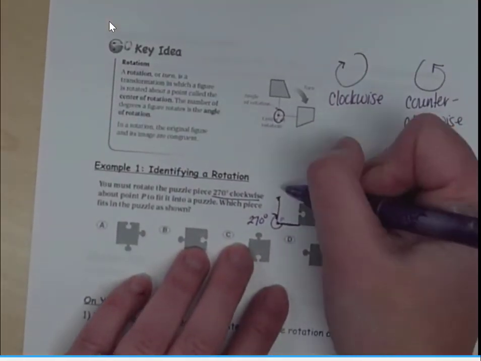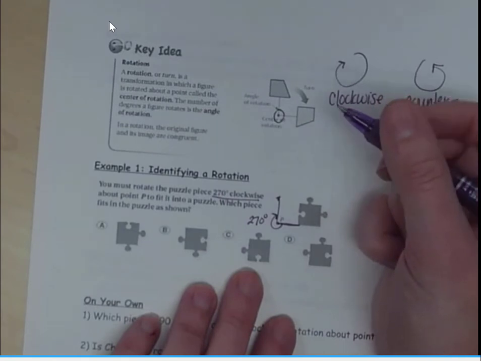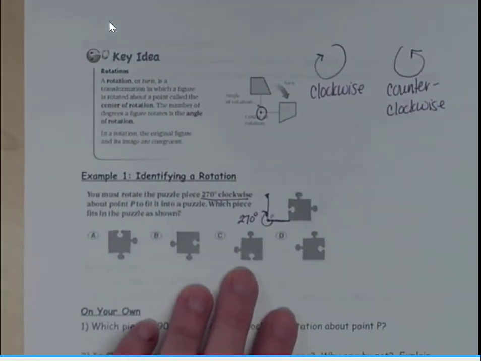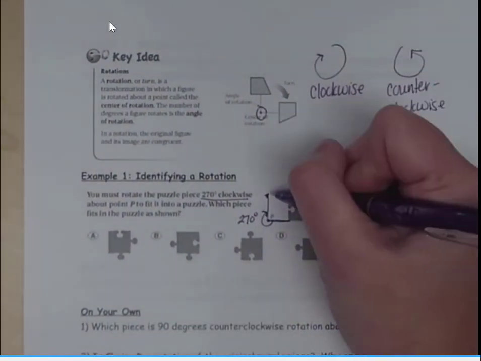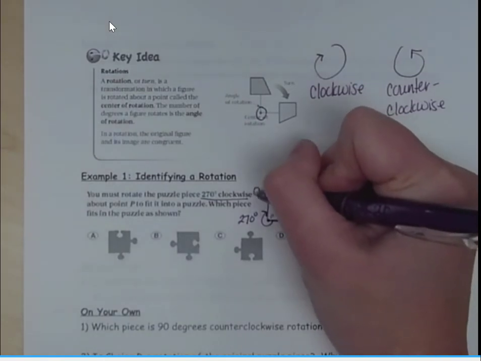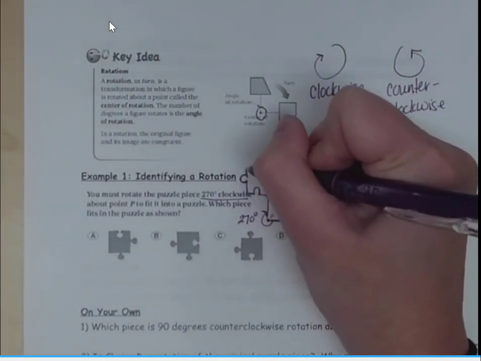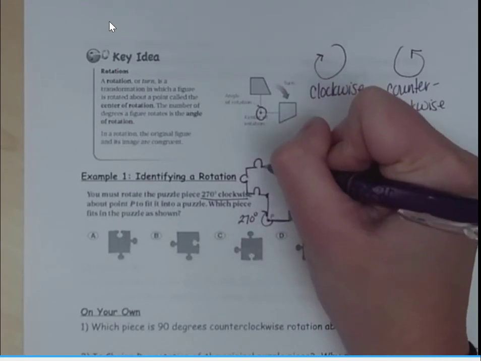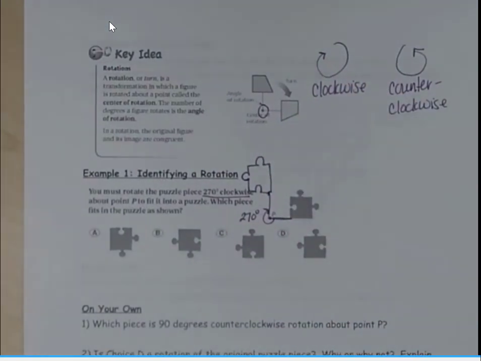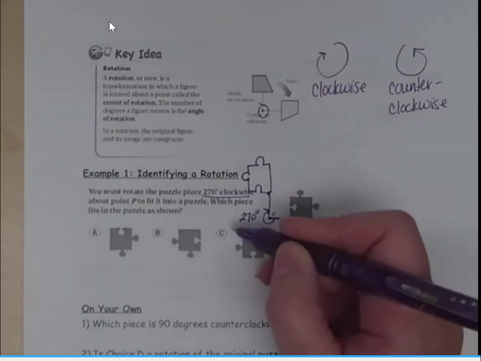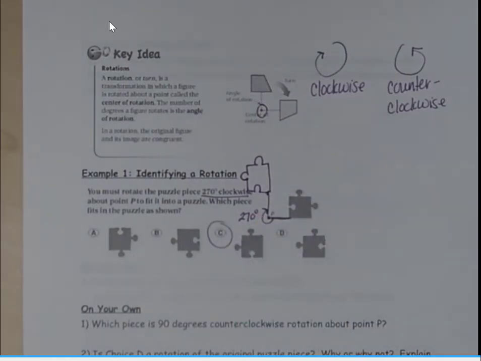So I would draw it so that it would look just like this. I've got this open piece, little piece here. Now, don't mind my horrible drawings here. And which shape matches that? Well, that would be C.